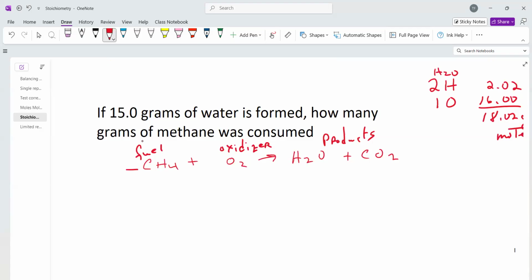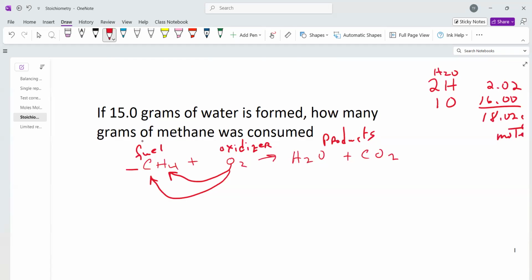What the oxidizer does is oxidize each element, and that's how you get your product. So carbon oxidized is carbon dioxide. Hydrogen oxidized is water. Notice the products all have an oxygen part.